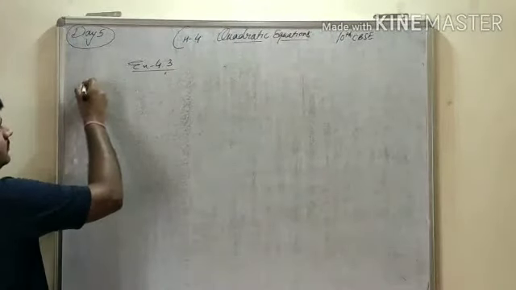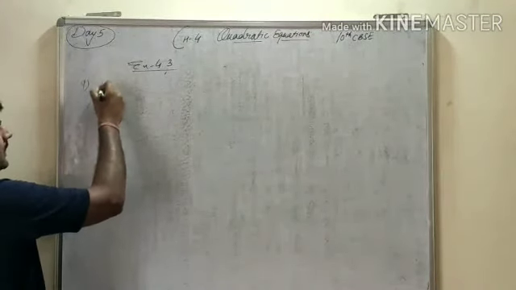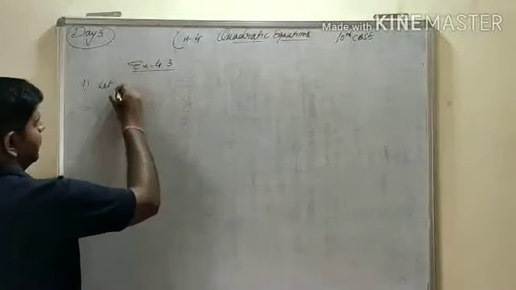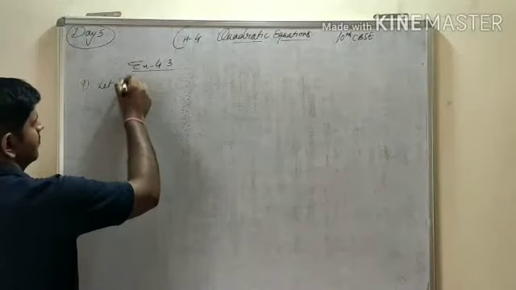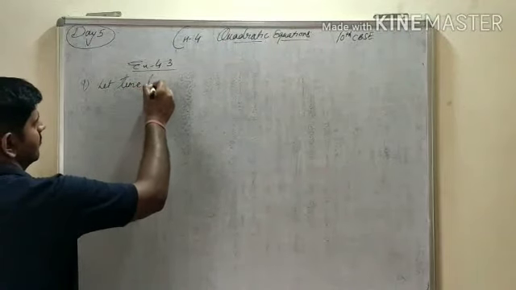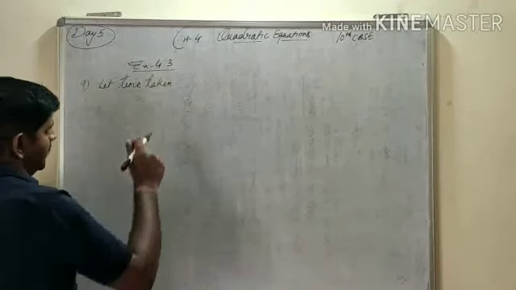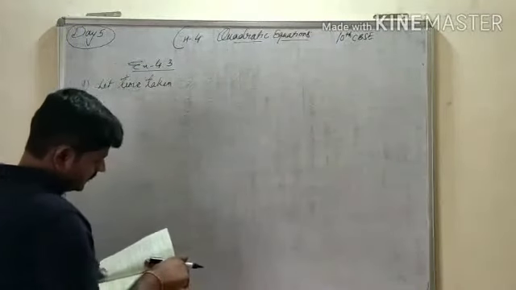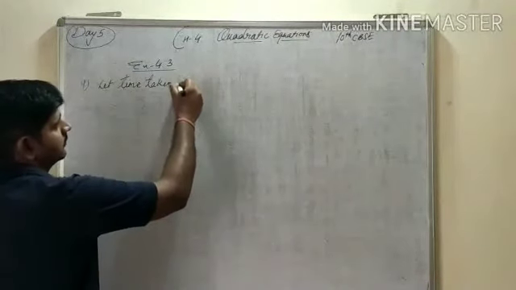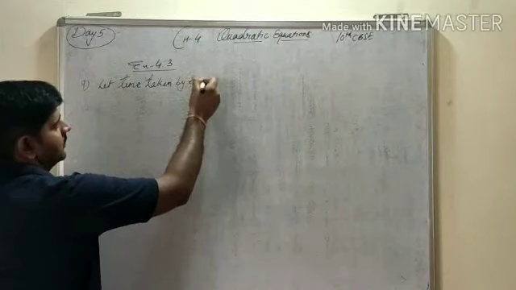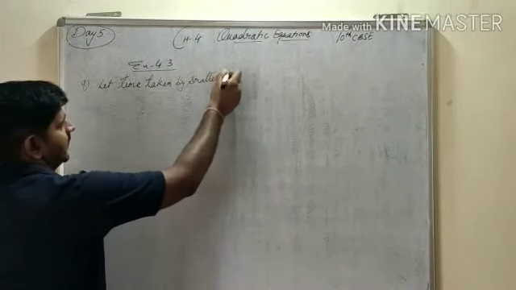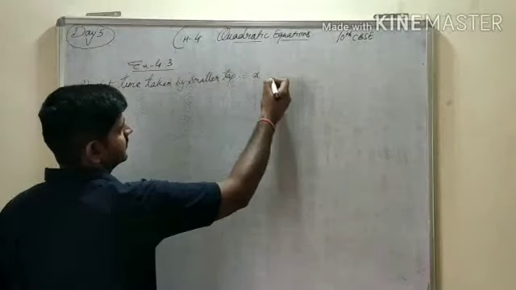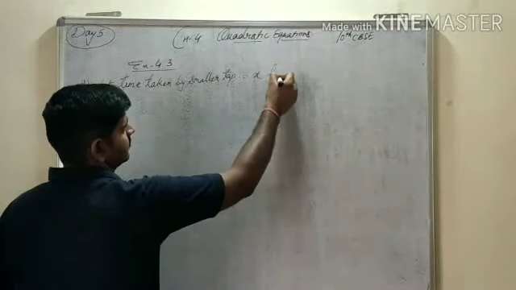So I'll assume, let time taken by smaller tap, that is x hours.